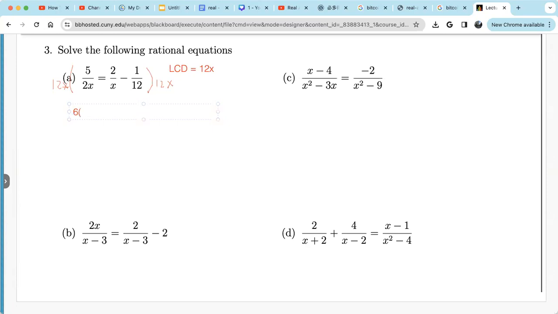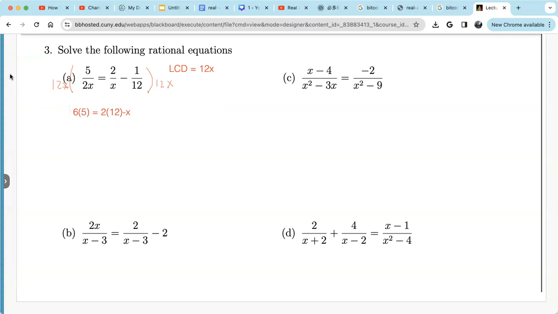So we have 6 times 5, because the numerator is 5. On the right-hand side, we have 2 terms. So 2 over x times 12x. x divided by x becomes 1, but we still have 12. So we have 2 times 12. And 1 over 12, well, the sign is minus, right? 1 over 12 times 12x, that's just x.